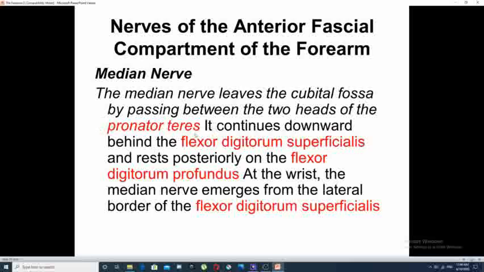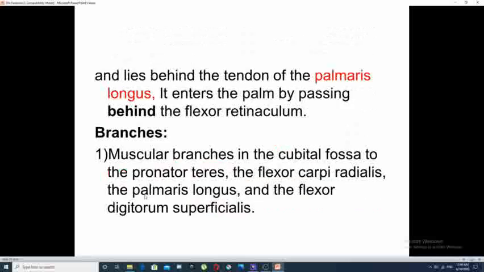It continues downward behind the flexor digitorum superficialis, resting posteriorly on the flexor digitorum profundus. At the wrist, the median nerve emerges from the lateral border of flexor digitorum superficialis, and here it lies behind the tendon of the palmaris longus muscle. It enters the palm of the hand by passing behind the flexor retinaculum. This is an important relation, which means that it passes through the carpal tunnel.